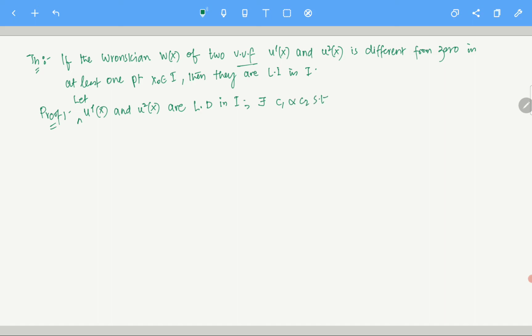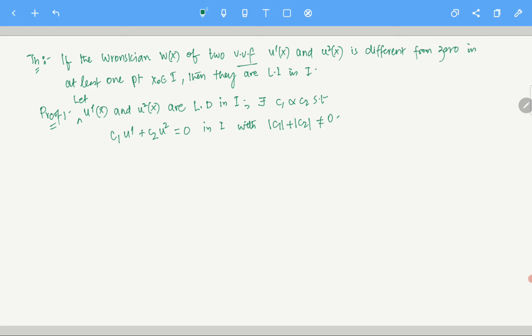If they are linearly dependent, then there exist C1 and C2 such that C1 u1 plus C2 u2, of course u1 and u2 are functions of x, I'm not writing it here, equals 0 in I, with mod C1 plus mod C2 non-zero. Clear? Being linearly dependent means at least one of C1 and C2 is non-zero, so essentially this condition holds.